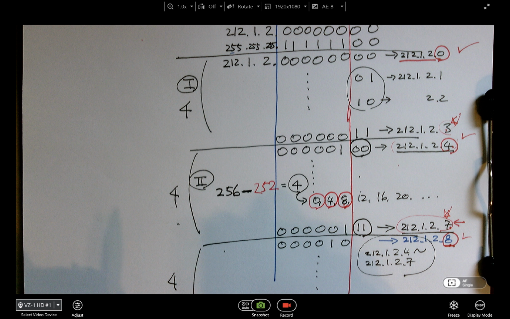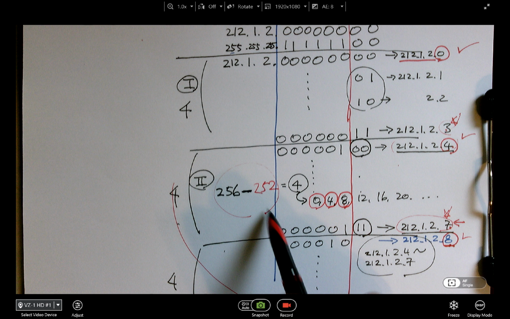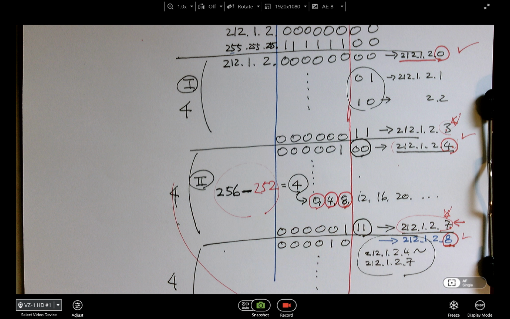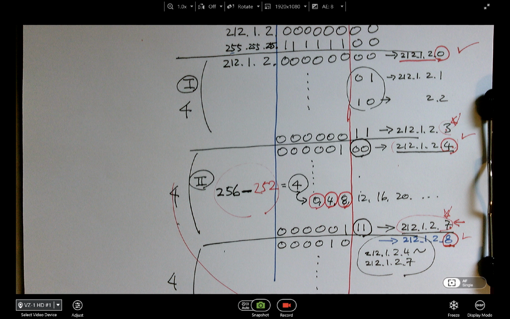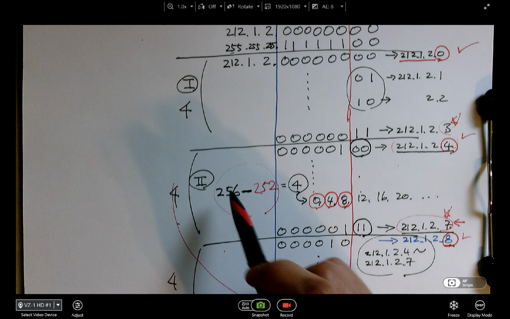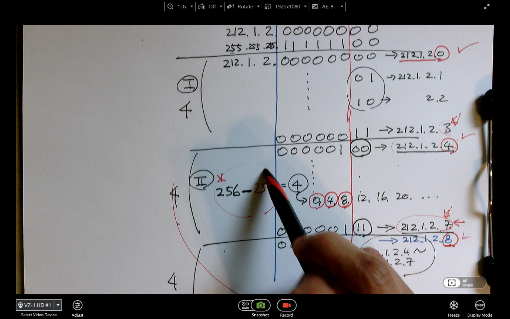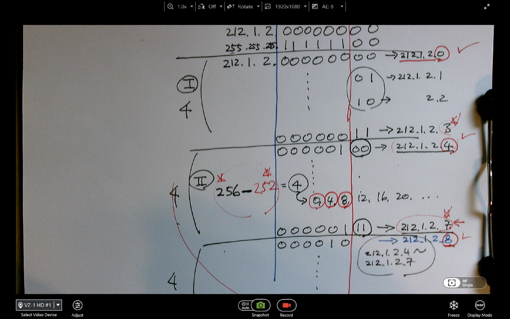So using this formula, you can quickly find the range of the second subnet, the range of IP addresses for the second subnet. Okay, so this is a useful formula to remember.